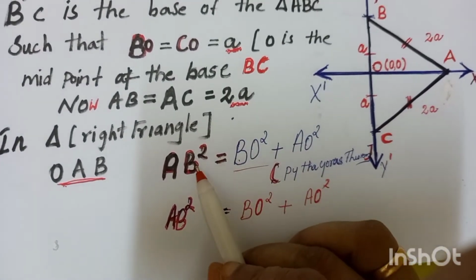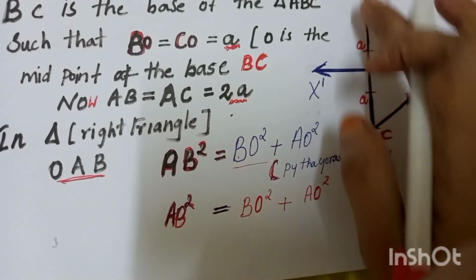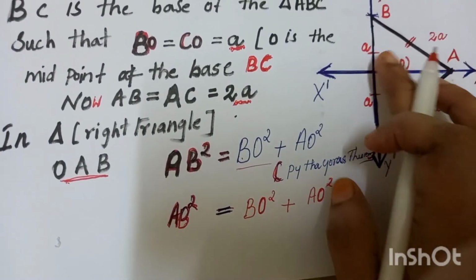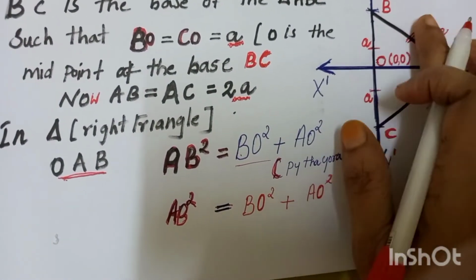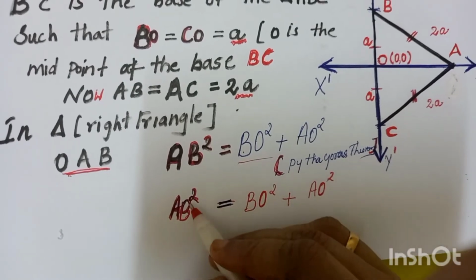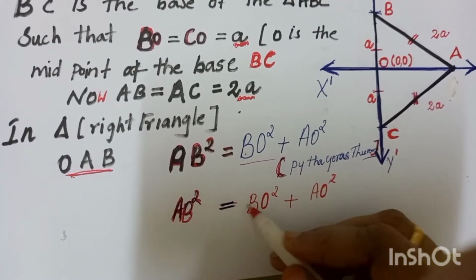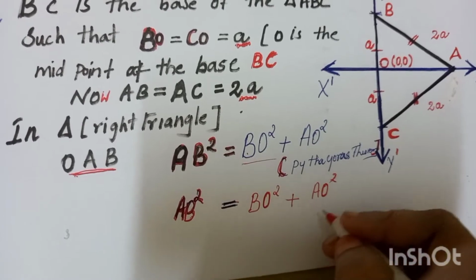So, here AB square is equal to BO square plus AO square.